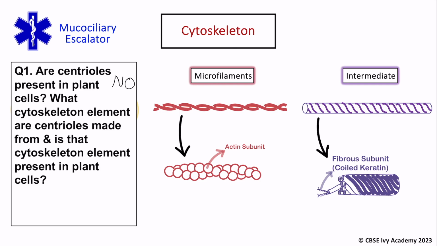Answer is microtubules. And is that cytoskeleton element present in plant cells? The answer is yes. So no centrioles in plant cells, but centrioles are made from microtubules, and microtubules are found in plant cells.